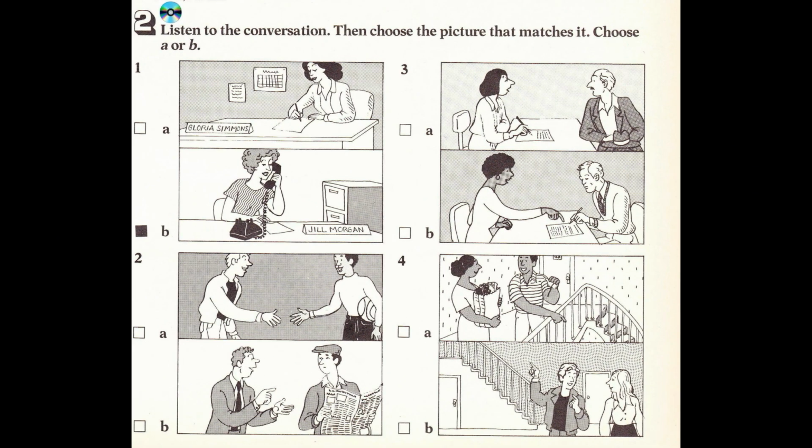Exercise 2. Listen to the conversation. Then choose the picture that matches it. Choose A or B. 1. Morgan? M-O-R-G-A-N? Yes, that's right. 2. Are you George Arthur?